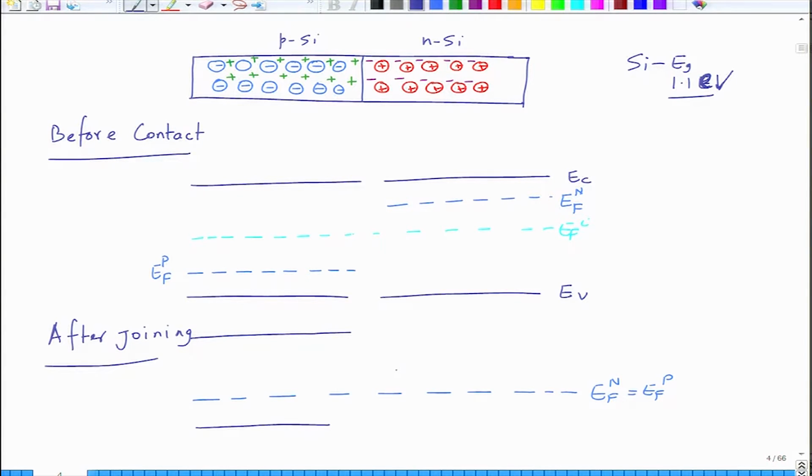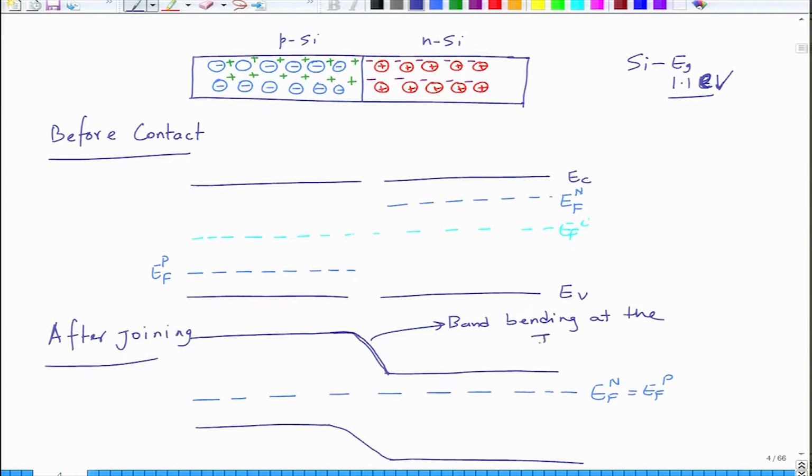Here also the conduction and valence band situation remains the same, but at the interface you have what we call band bending. So, this is band bending at the interface, all right.